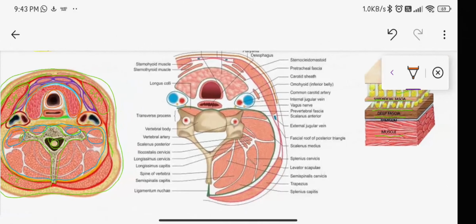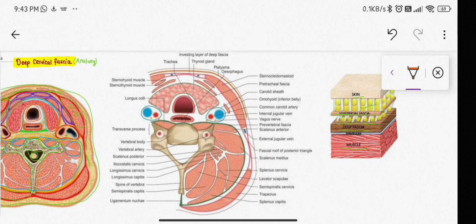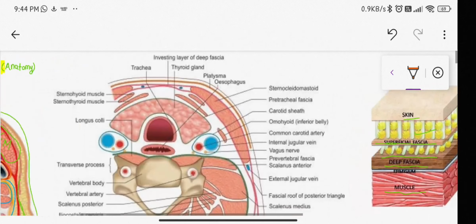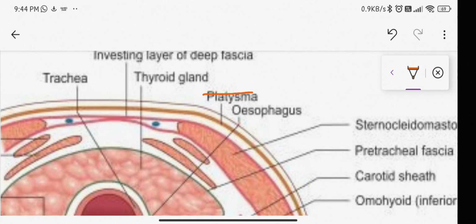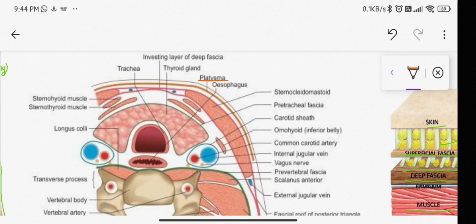Now in this other figure you can simplify it, and one exception we need to understand: maximum all the muscles of our body, they are present just below the deep fascia, but there is an exception, the platysma muscle. Okay, this platysma muscle, it is not present deep to the cervical fascia, it is present just beneath the superficial fascia. That is the only exception.